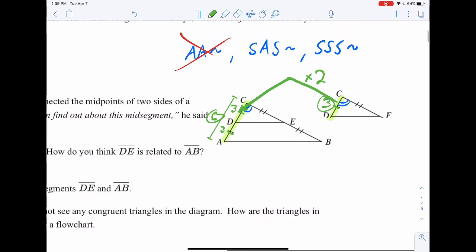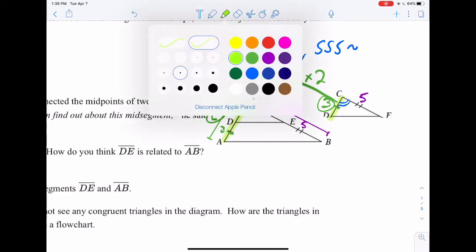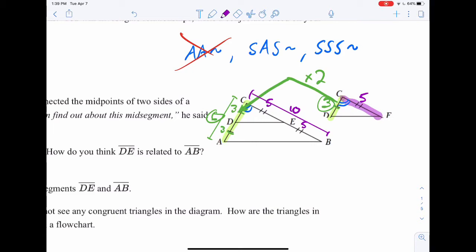Let's say this over here was 5. Again, I'm just making that number up. Then this would also be 5, which would mean CB would be 10. And so we'd have a zoom factor from this side to this side of 2 as well.